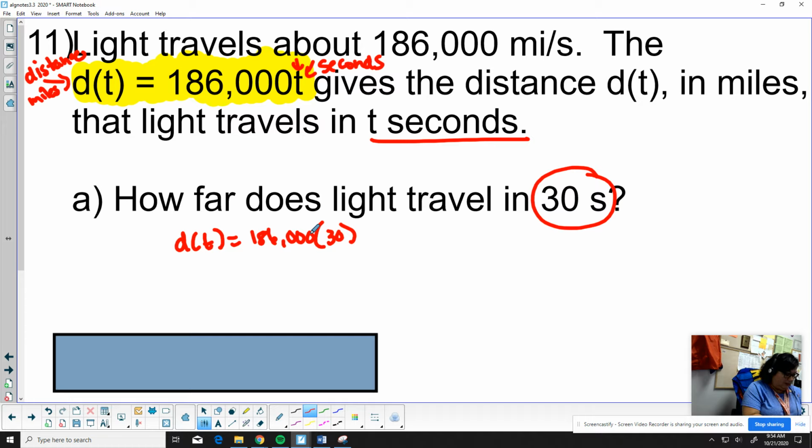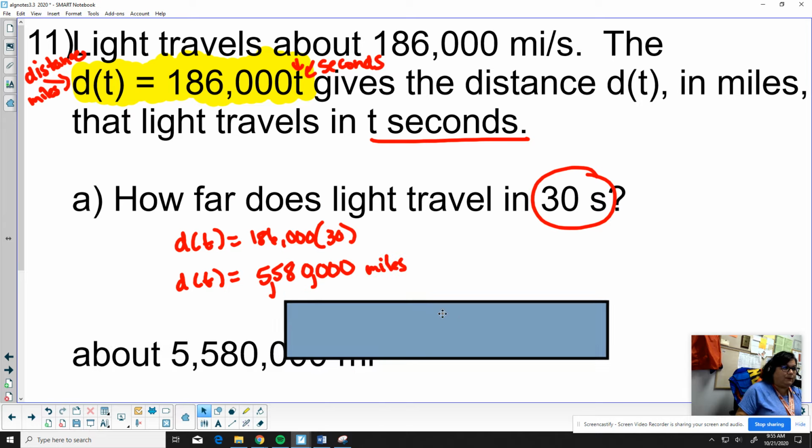So let's type that in. 186,000 times 30. That gives me that the distance, d of t, is 5,580,000. And that would be miles. And you can put the label or not, completely up to you.